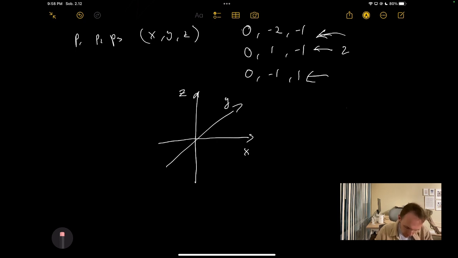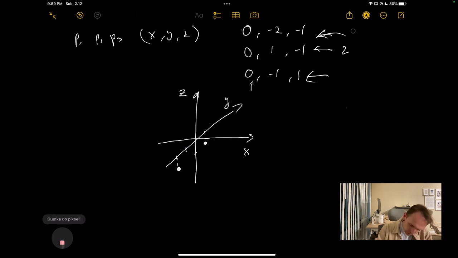So coming back, let's just draw those points. They all have 0 x coordinates, so they're going to be in the zy plane. In 3D it looks something like this. It's minus 2, minus 1, and somewhere here is point number 1. Then point number 2 is 1, minus 1, so somewhere like here.